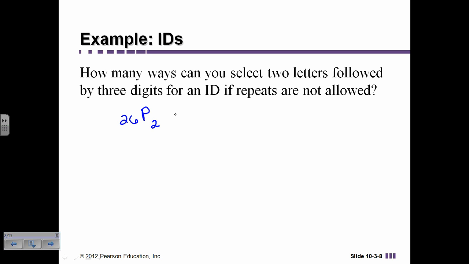And then we're going to take 3-digit numbers, so we have 10 digits to choose from, and we want to choose combinations of 3. So if we do the calculations for the first two permutations, we're going to get 650 for the first one. And for the second combination, we're going to get 720.